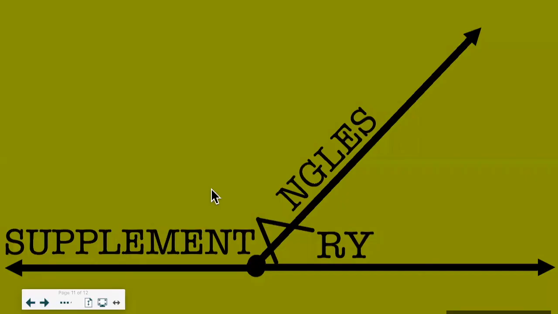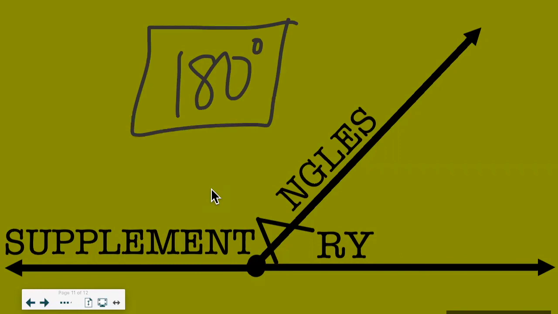These are called supplementary angles. So complementary angles, their sum was 90 degrees. On supplementary angles, the measurement is going to be 180 degrees. The sum of any angles, when you put them together, if it equals 180 degrees, they are called supplementary angles.